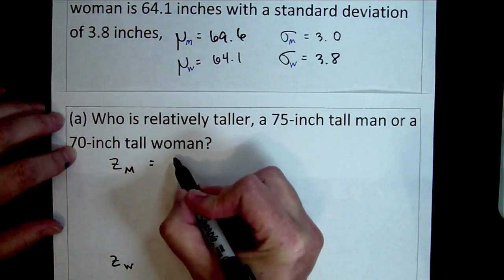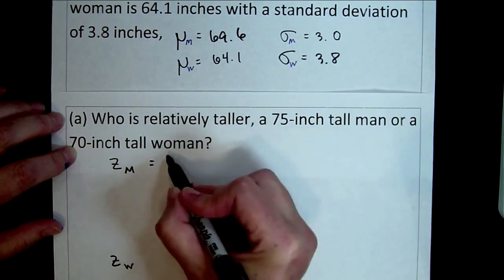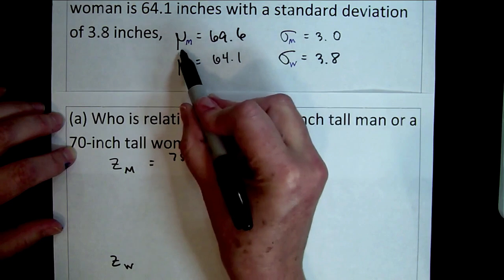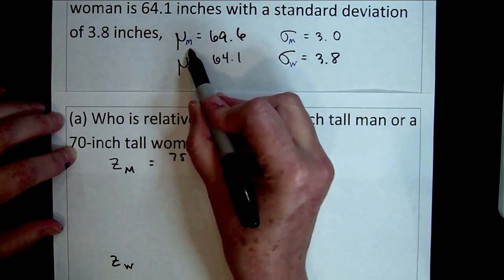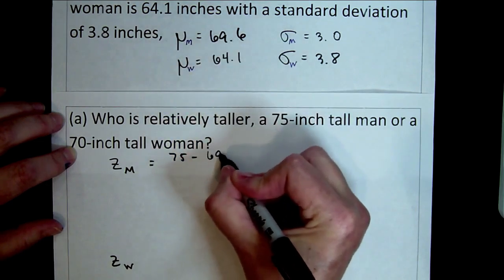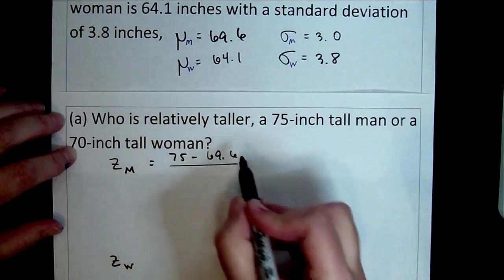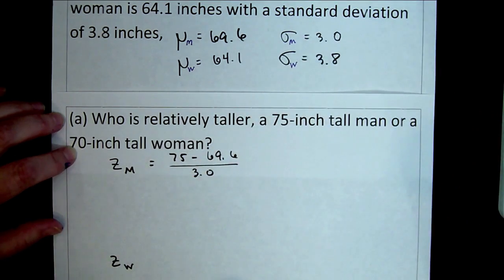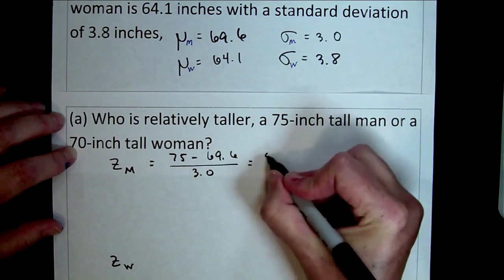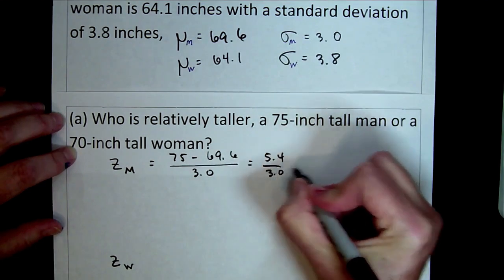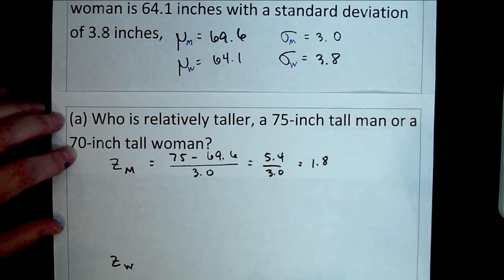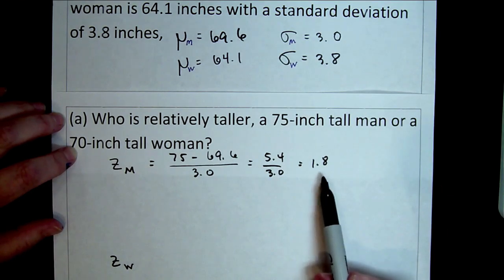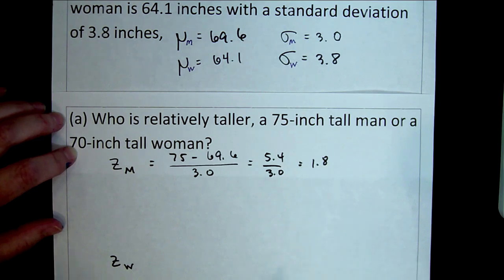The z-score for the man is his height of 75 inches minus the mean for the men, which I can tell is men because of the M, 69.6, divided by the standard deviation for the men, 3.0. I get 5.4 divided by 3.0, that's 1.8. So this guy is 1.8 standard deviations taller than the average.